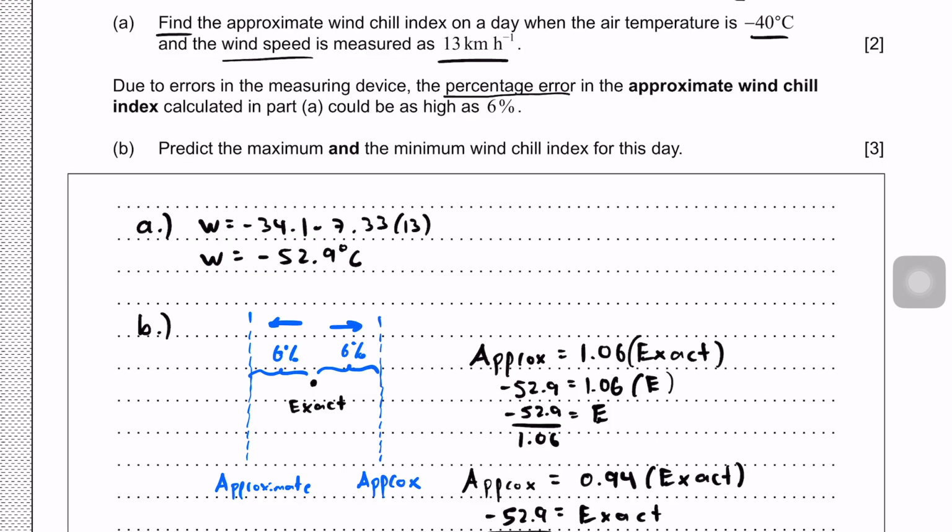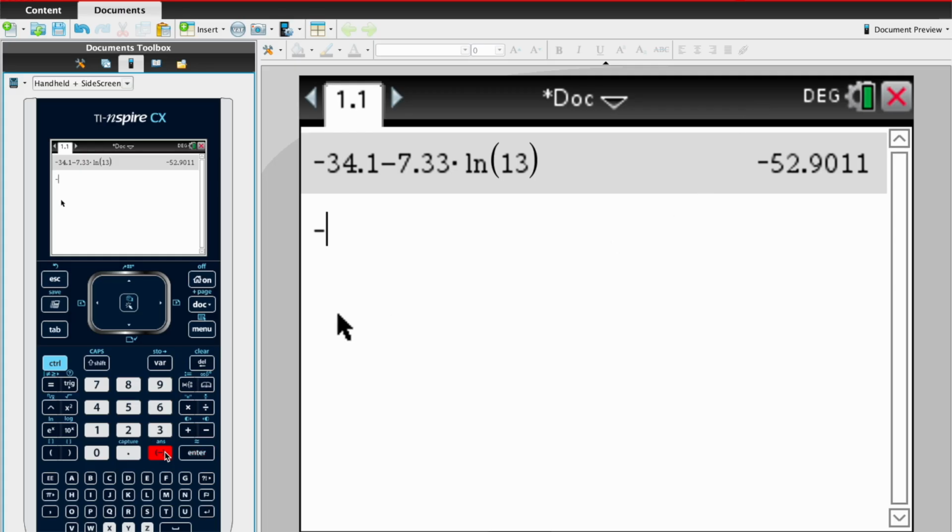So let's go into the calculator and work these out. So here's negative 52.9 divided by 1.06. And then we also have negative 52.9 divided by 0.94.